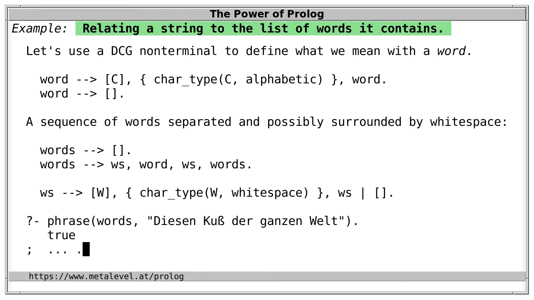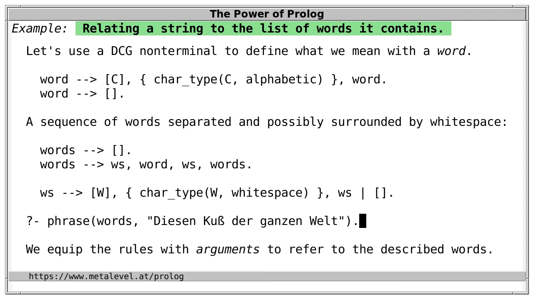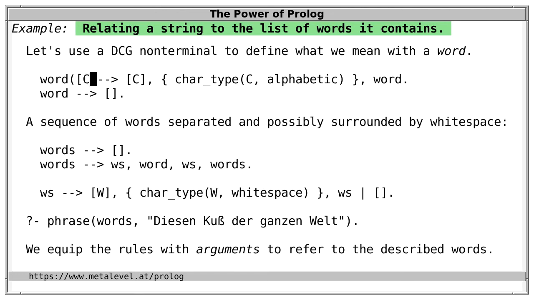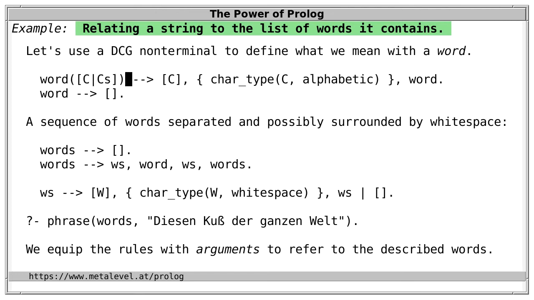Now, what we actually want is the list of words, and to get them, we equip the rules with arguments so that we can refer to the described words. So we define the word that is described by this rule is a list of characters starting with C and tail Cs, where Cs are the characters in the remainder. And the empty sequence corresponds to the empty string.